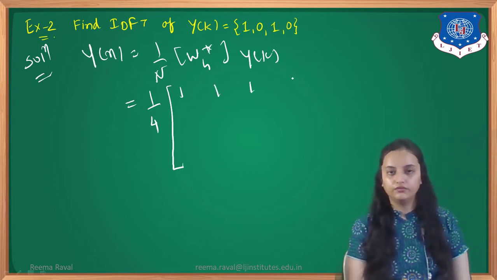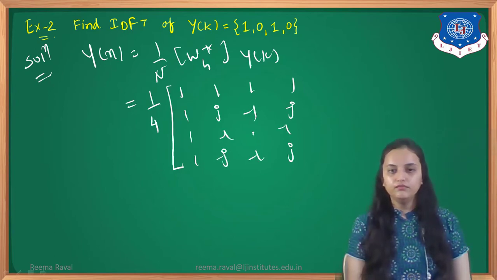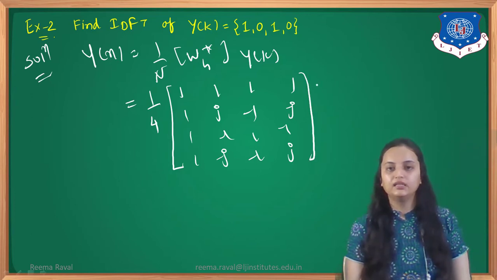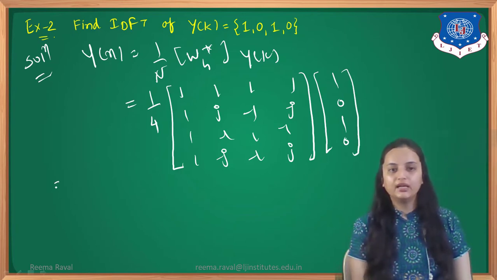So 1 1 1 1 1 1. Here instead of minus j we will take plus j, and here instead of plus j we will take minus j. Other values will remain same, and here we will multiply this with y of k, which is given as 1 0 1 0.